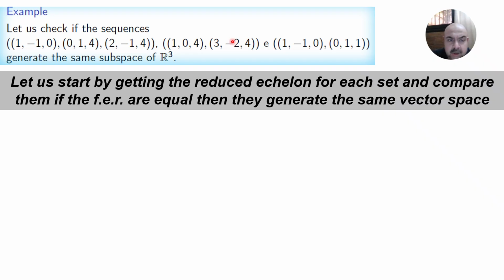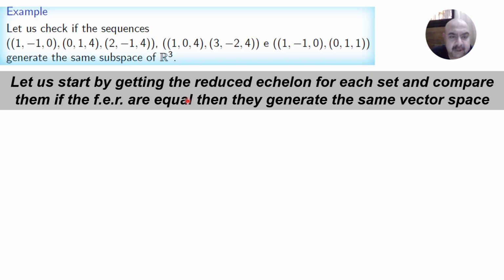All I have to do is to take these vectors, put them in the matrix of the basis, and try to reach a reduced echelon form. Whether you consider the vectors as rows or as columns, it will make no difference. I will do it as rows according to our slides.